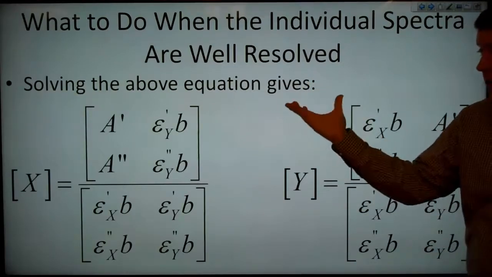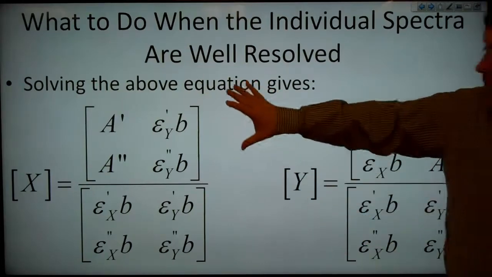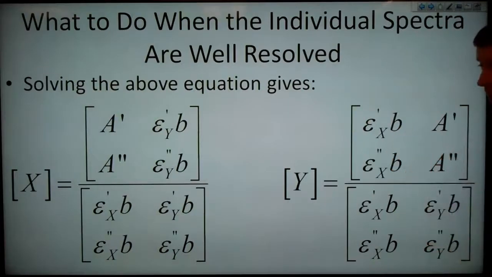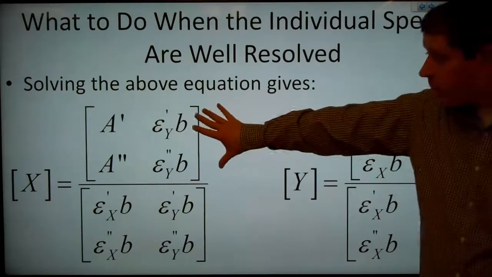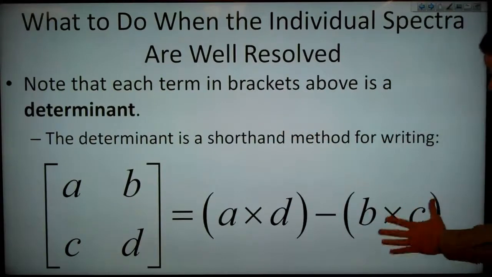Solving the above equations then gives us these two fractions, and note that in the numerator and denominator of each fraction we have a determinant. A determinant is a shorthand method for writing something like this.